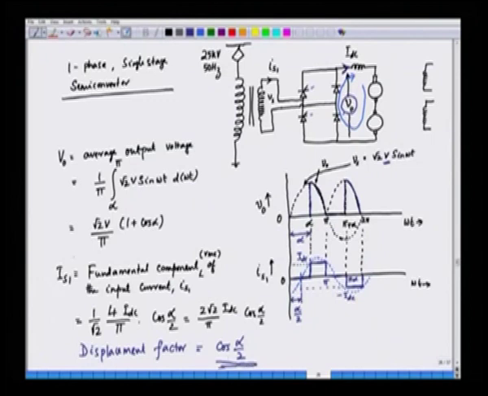The RMS value of the fundamental component of current can be given by this expression: 1 by root 2 into 4 IDC by pi into cos alpha by 2. This is the final expression for the RMS value of the fundamental component of current. Now, since we know the input voltage and the current, we can find the reactive power that is drawn from the supply.